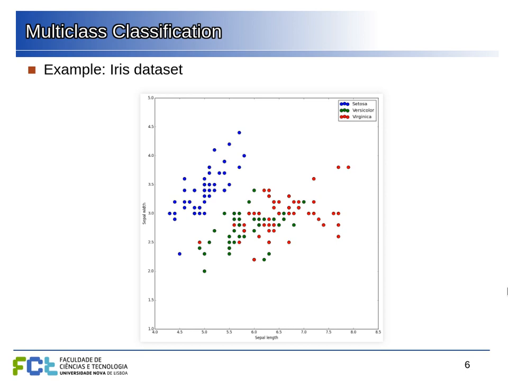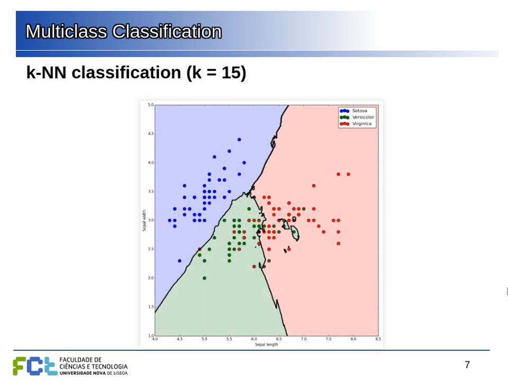If we use k nearest neighbors, for example, it would be trivial because we just classify each point according to the majority class of the nearest, in this case, 15 points in our training set. So it doesn't matter how many classes we have, we just count how many of each we have in those 15 points and choose the majority vote.